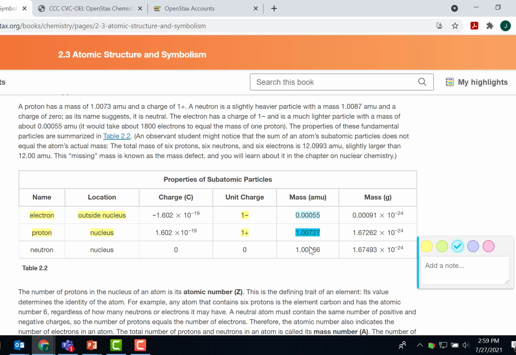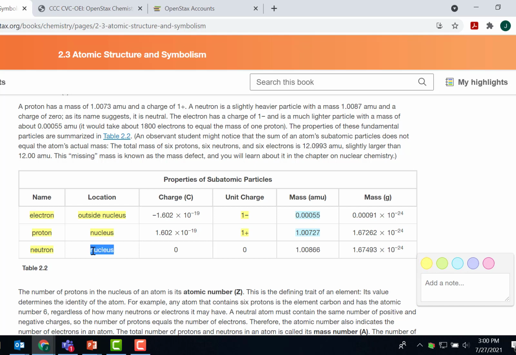You don't have to know what it is. You just have to know that it is a lot bigger than the mass of an electron. And by a lot, I mean thousands of times bigger, basically around 1,000 times bigger. So you don't have to know the specific numbers, just know basically electrons have almost no mass compared to these other things. The third one is the neutron.